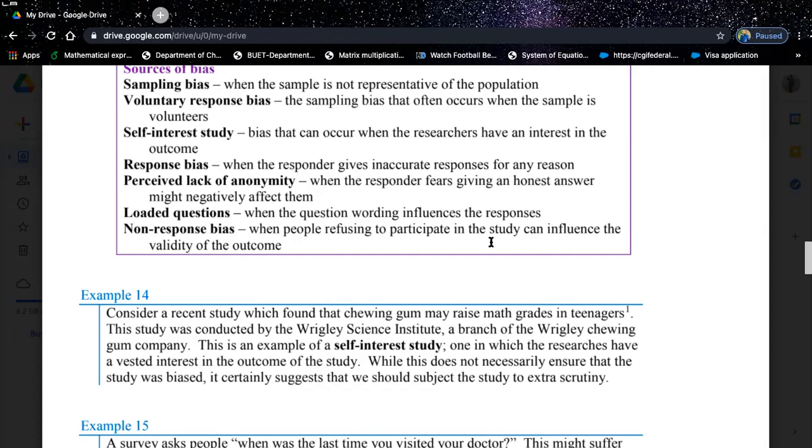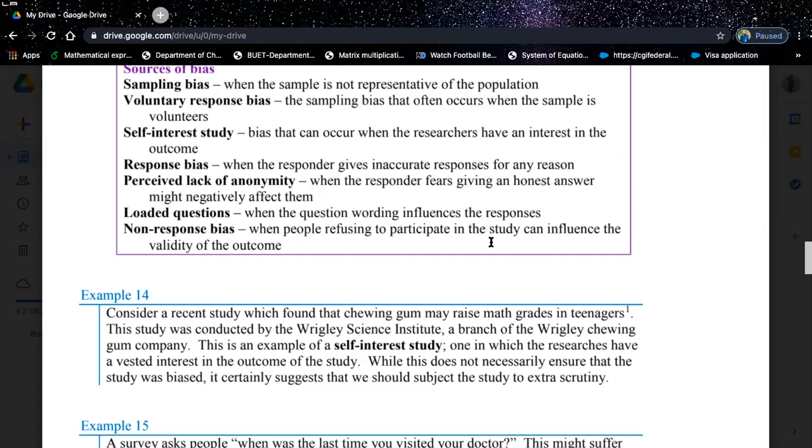It doesn't really mean that it has to be biased, but we see that there could be biasness since they themselves have a chewing gum company, the Wrigley Chewing Gum Company. Since they have their own chewing gum company and they're doing it on chewing gums, this suggests that they have interest in that study because of their own company.